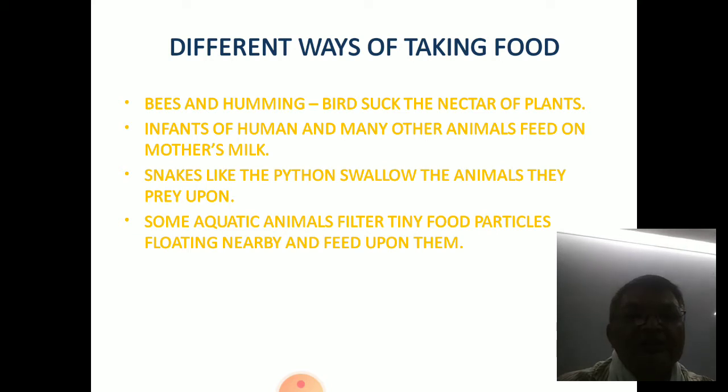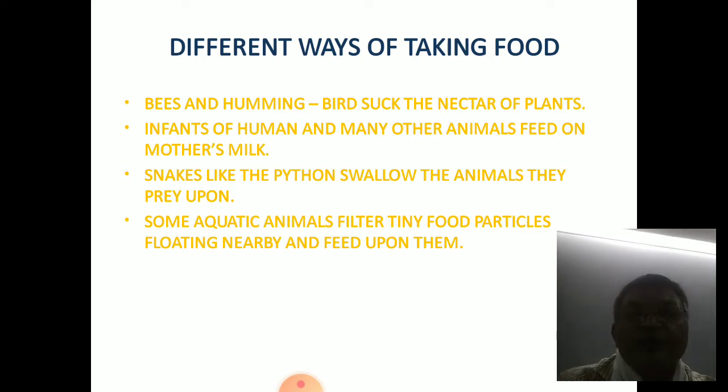Then snakes like the python swallow the animals they prey upon, and get nutrients. Then I want to talk about aquatic animals. Aquatic animals filter tiny food particles floating on the water nearby and feed upon them.